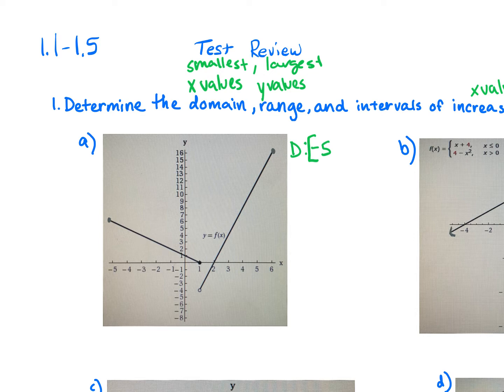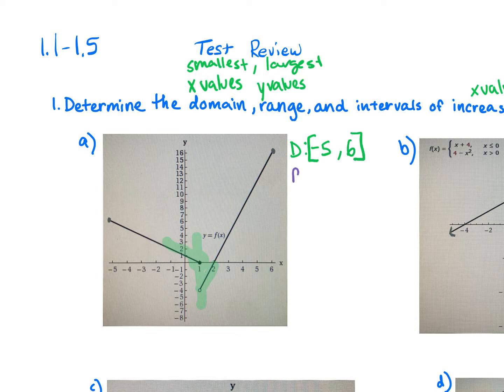And then that little piece of our graph stops at 1, but it also picks up here at 1. So we don't have a gap here because 1 is included in that top circle there for the first part. So we keep going, and then our graph stops at 6. And again, it's a closed circle, so we put a bracket.